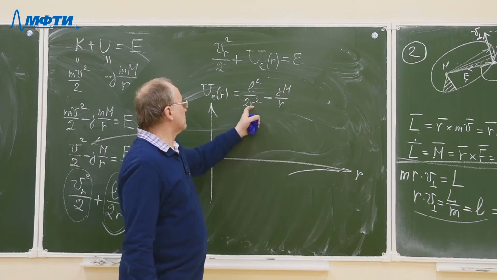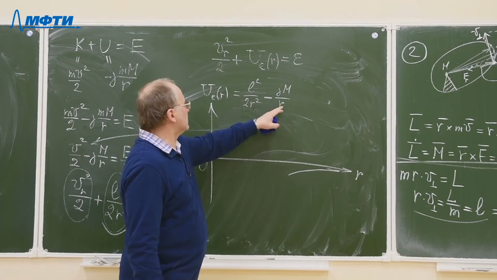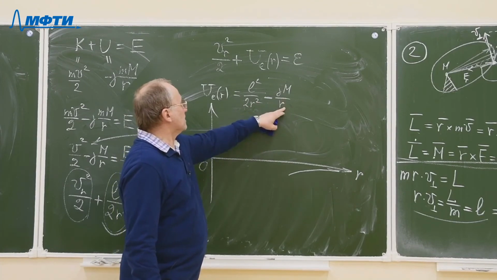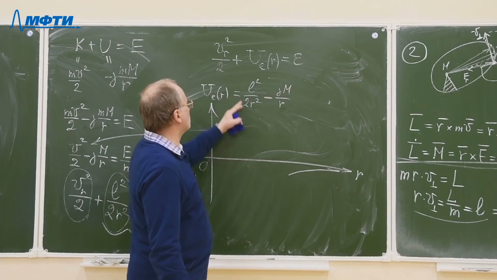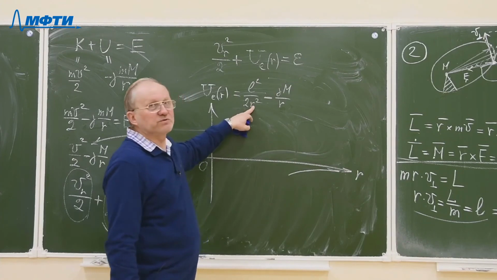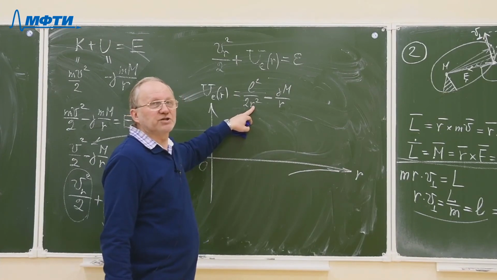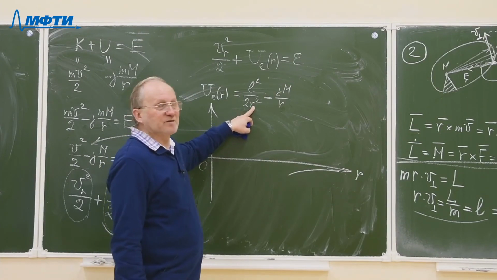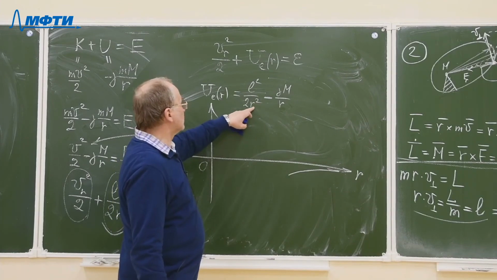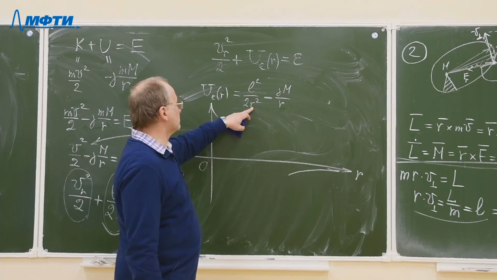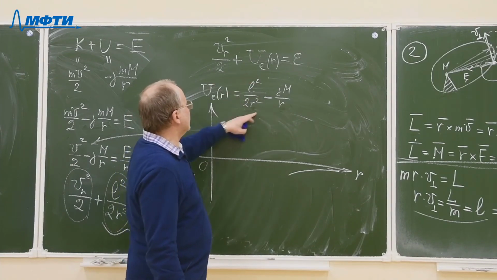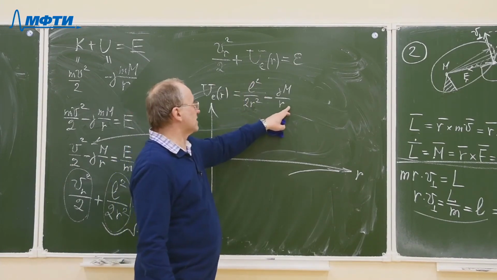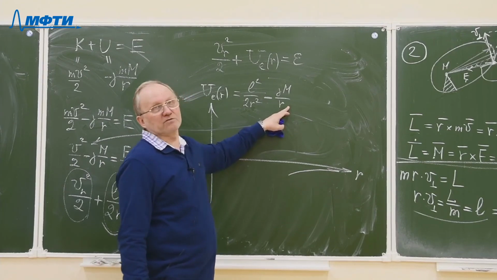If distance goes to 0, if r tends to 0, the second term will tend to infinity, and the first term will tend to infinity. But the first term will tend to infinity much, much faster. Because if you diminish distance r, for example, by 1,000 times, the first term will increase 1 million times, while the second term will increase just 1,000 times.